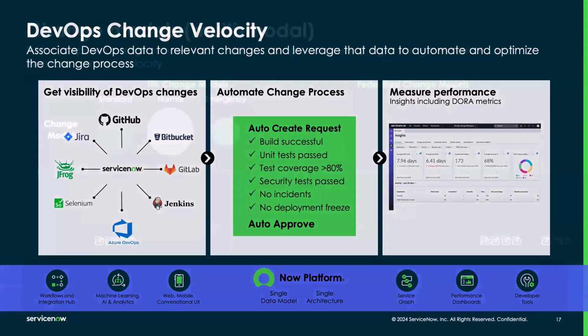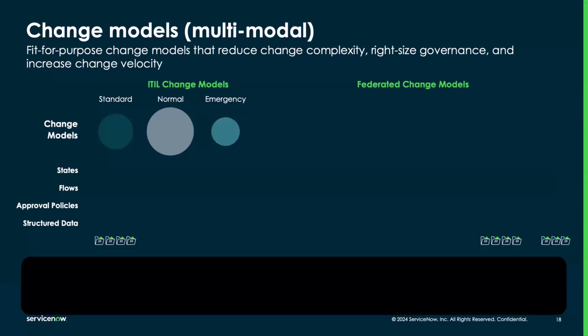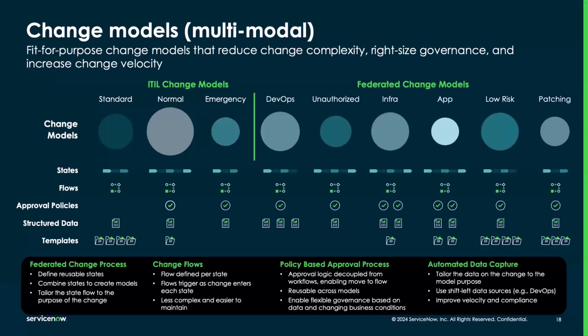So where does this fit in? If you've watched our previous series on Modern Change, we are right smack in the middle of the federated change model. And I would say we are probably one of the most mature examples when we look at the maturity model for modern change.